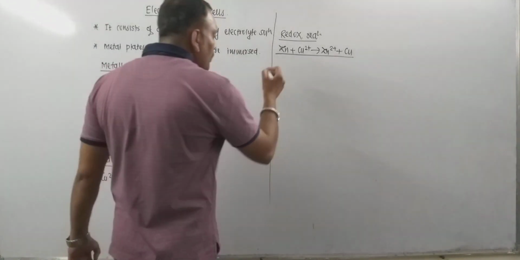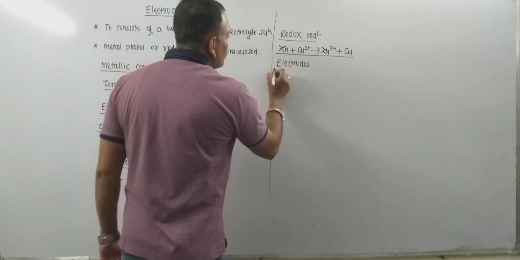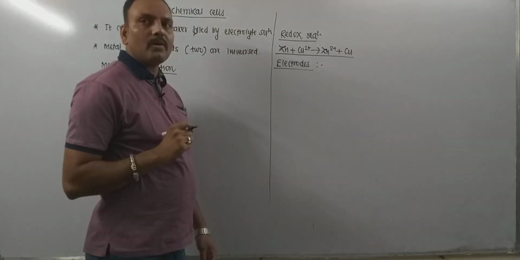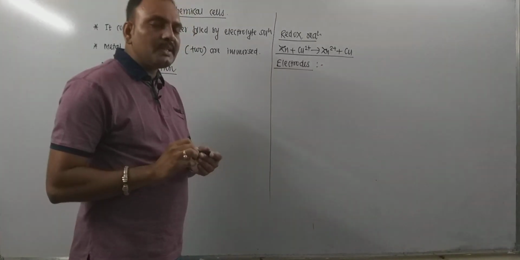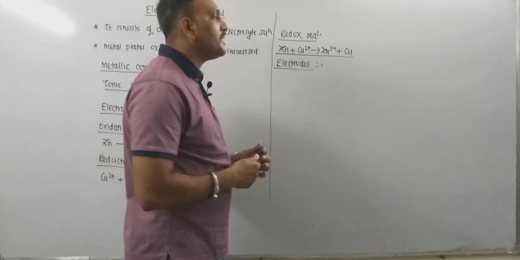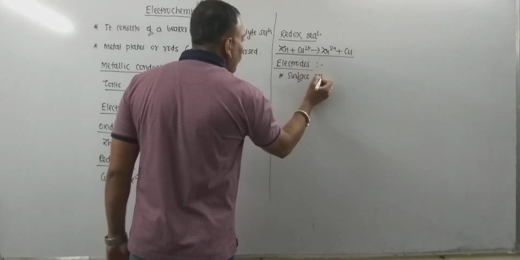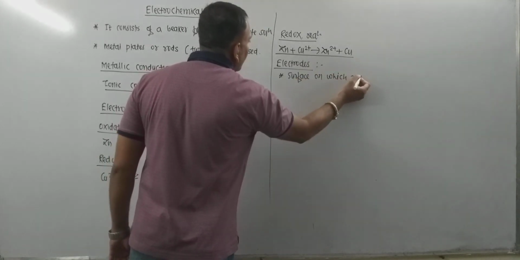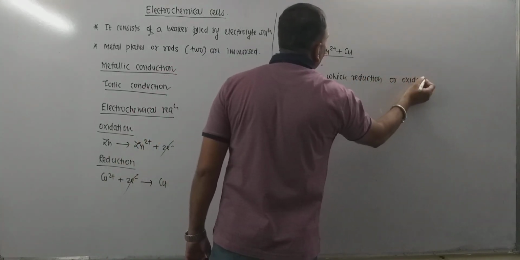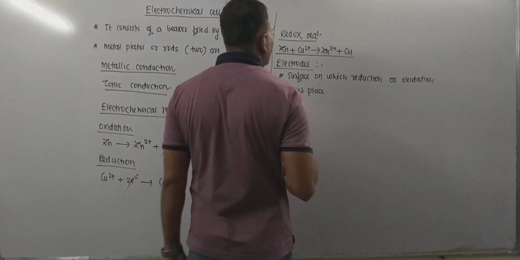Now, a very important term to be used is electrodes. So what are electrodes? Electrodes are electronic conductors, first of all. And the second important thing is a surface on which reduction or oxidation takes place. The surface on which reduction or oxidation takes place is said to be an electrode.